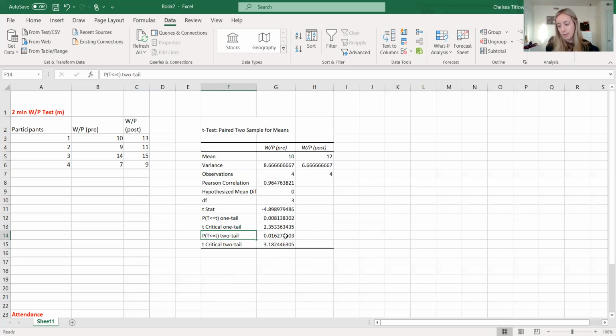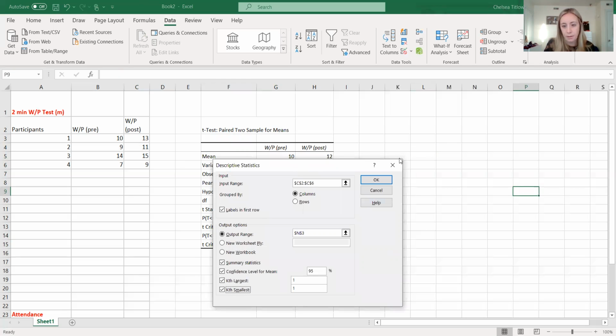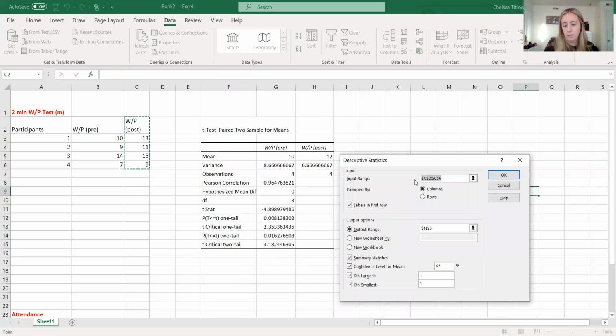Now that we have that information, we want to find the standard deviation. So we have to run a descriptive statistic. Back to data analysis. Go to descriptive statistics. We don't want the range here; take out information that was already in there.